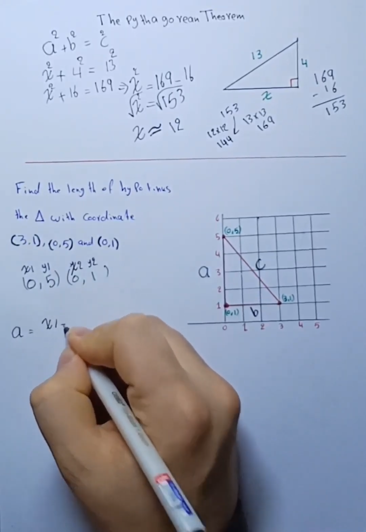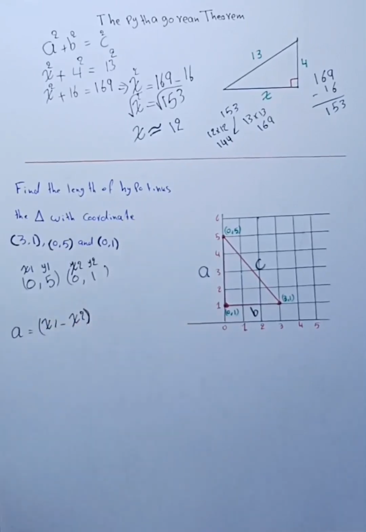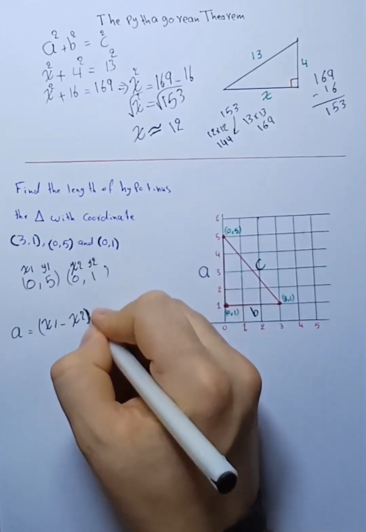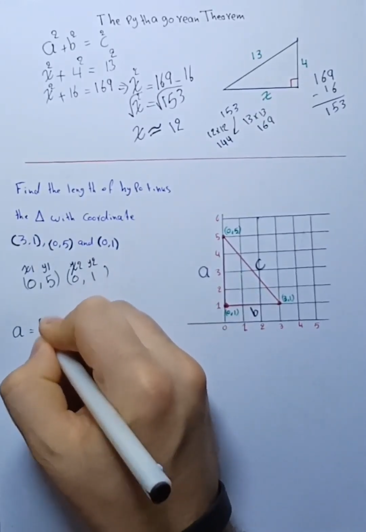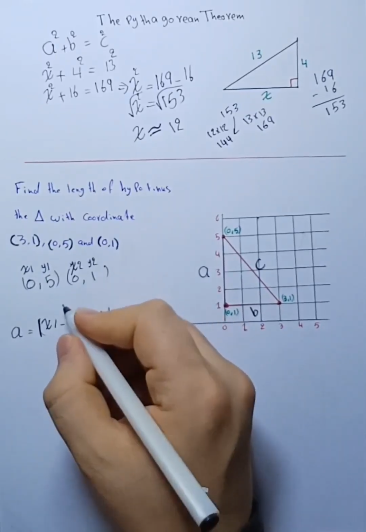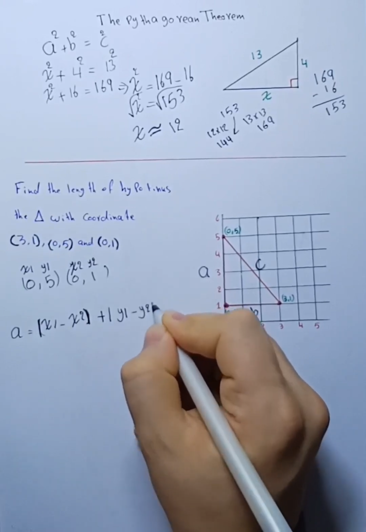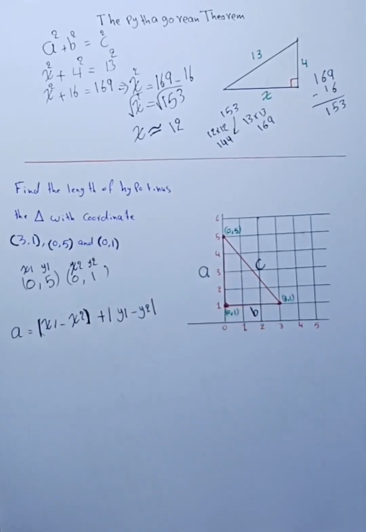the absolute value of x1 minus x2, plus the absolute value of y1 minus y2.